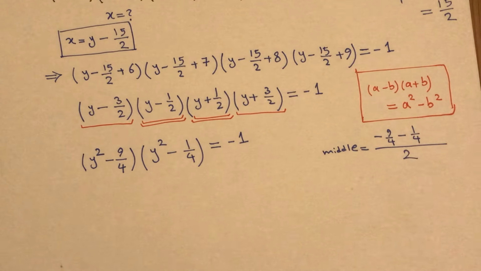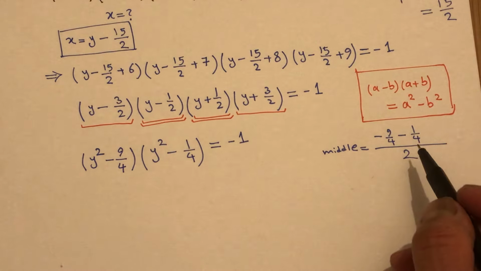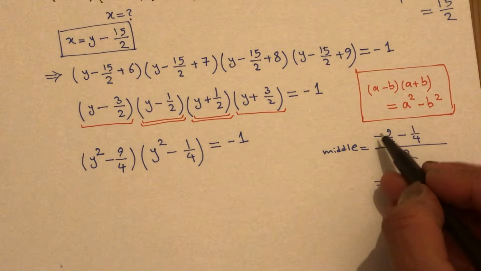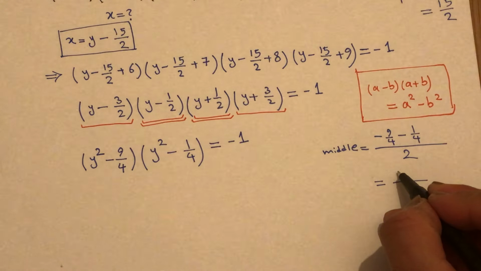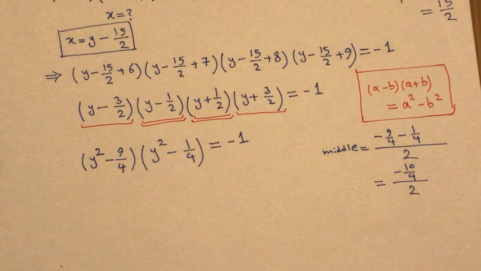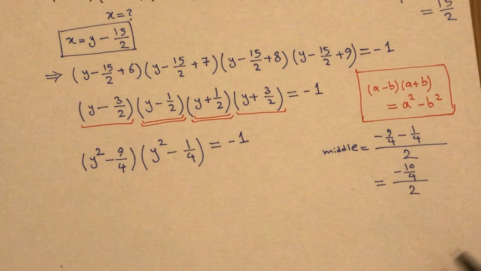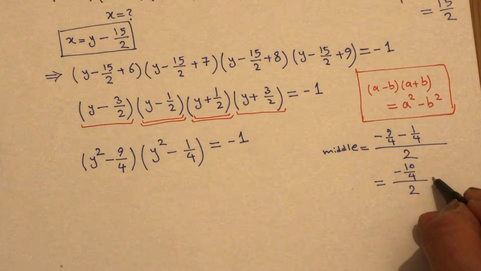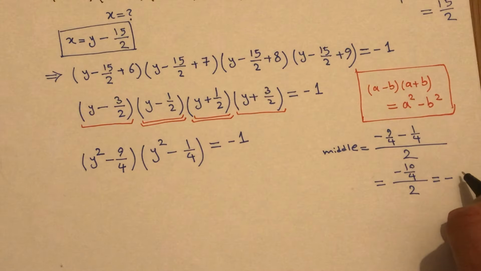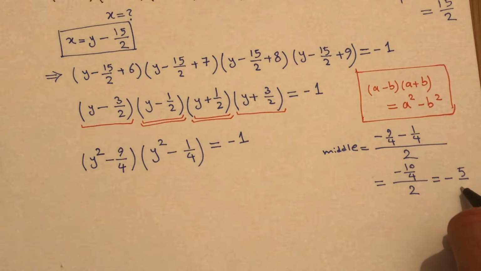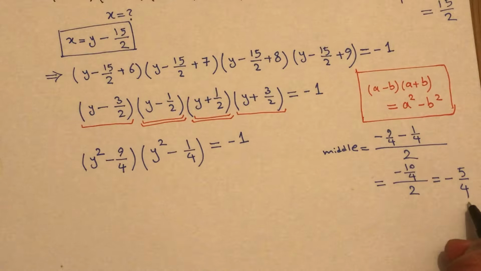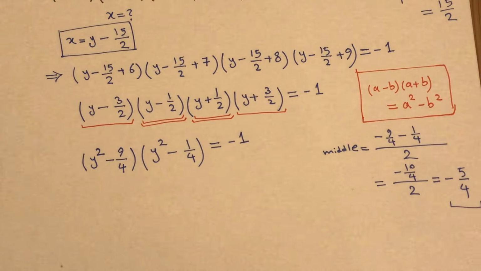When you sum these two numbers it is minus 10 over 4 over 2, which equals minus 5 over 4.